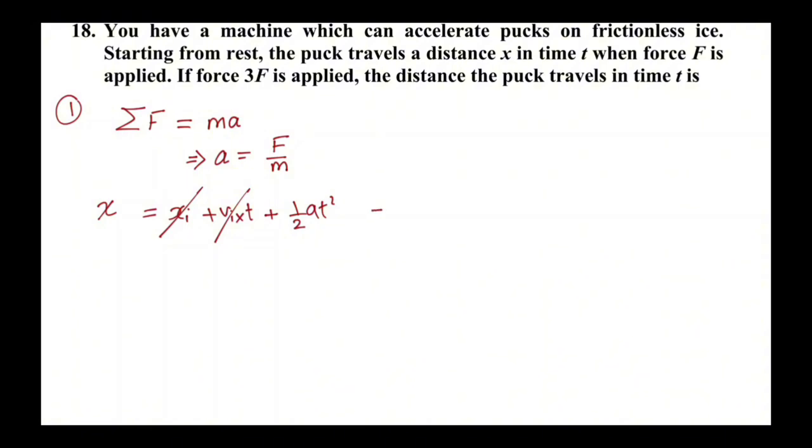So x equals half a t squared, so x equals half times a, which is F over m, times t squared. So this is the situation before tripling the force F.